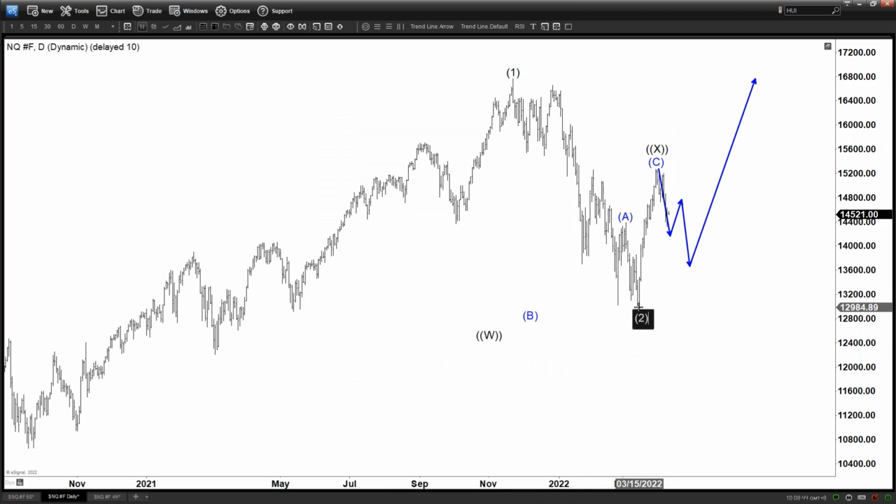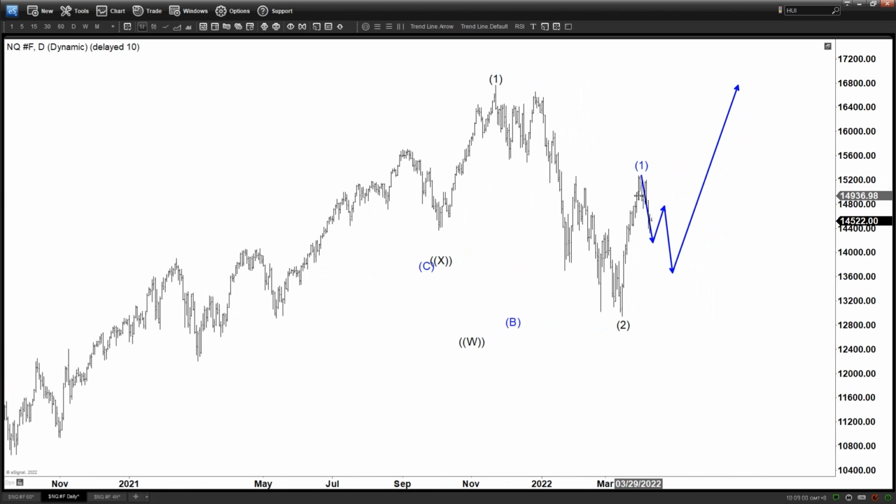Suppose you're bullish, you're thinking that, okay, Nasdaq finished the correction, it will go to a new high. Then this rally is your new wave 1 of the lower degree, right? So something like this.